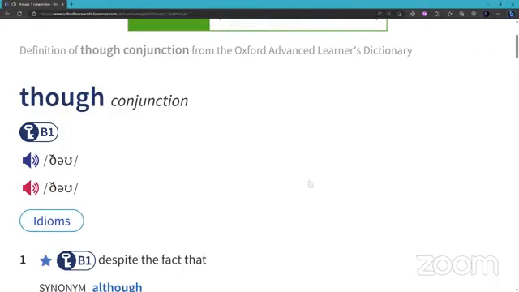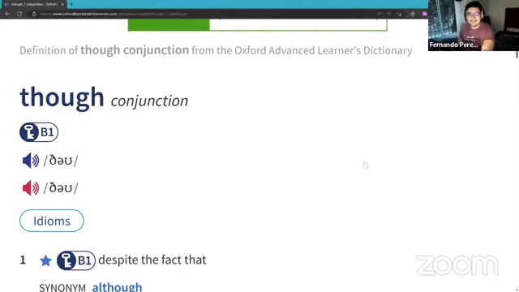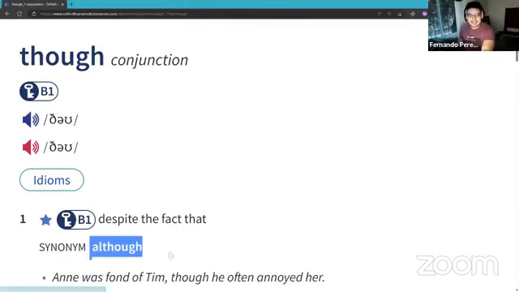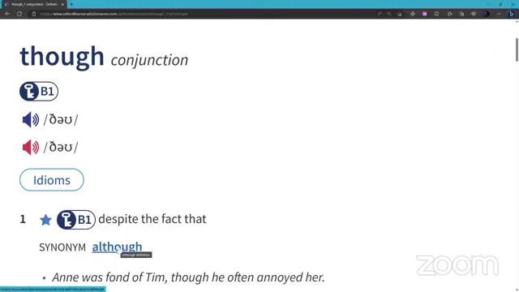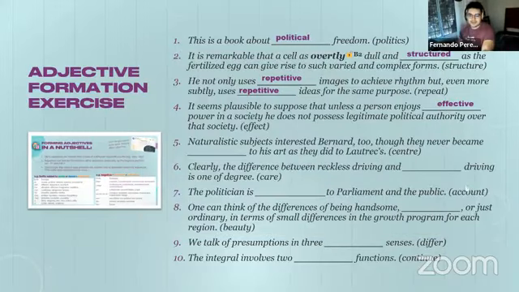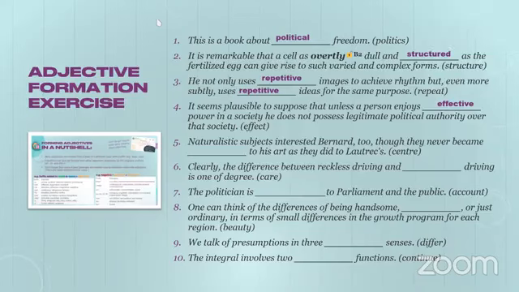Yes, because I'm remarking the T. Exactly. Though. That's the one. And the parallel is a synonym, although. Although. You see, you sound much better. And do you know what though is? Yes. Right.